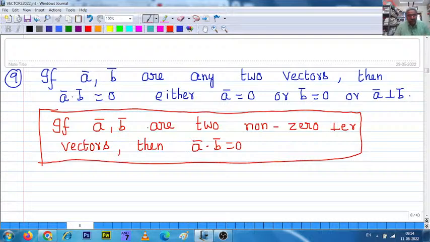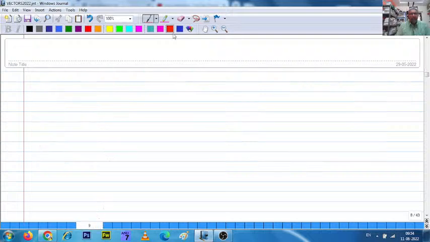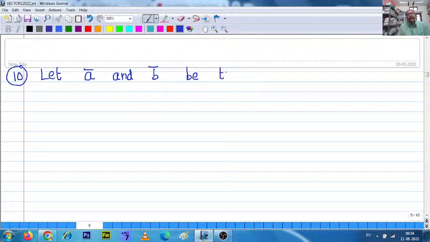Right. So next concept. This is a very, very important concept. Let a bar and b bar be two non-zero vectors. Vijay Kumar, welcome.